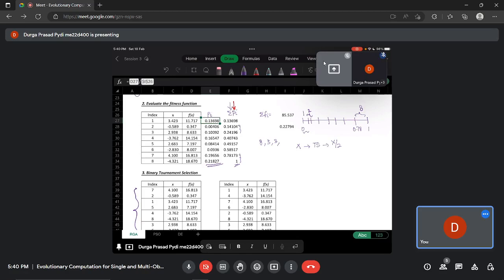For example, the first one: how did you get 0.13698? You take 11.717 divided by the summation of all these terms. The summation of all is 85.537. So you get a value like 0.136. Okay, sir.